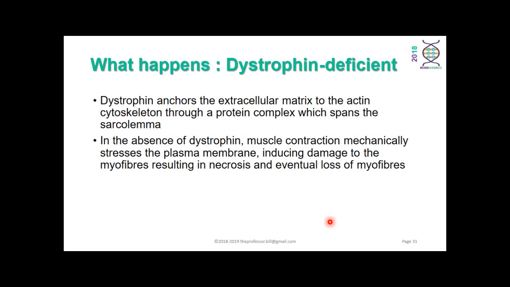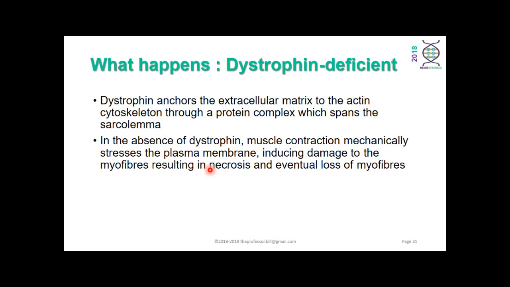This is lost in development, and then they start using dystrophin. And when this dystrophin is no longer there in sufficient quantity during development, then when the muscles contract, the inappropriate form of dystrophin is no longer able to make a good connection between actin and the extracellular matrix.